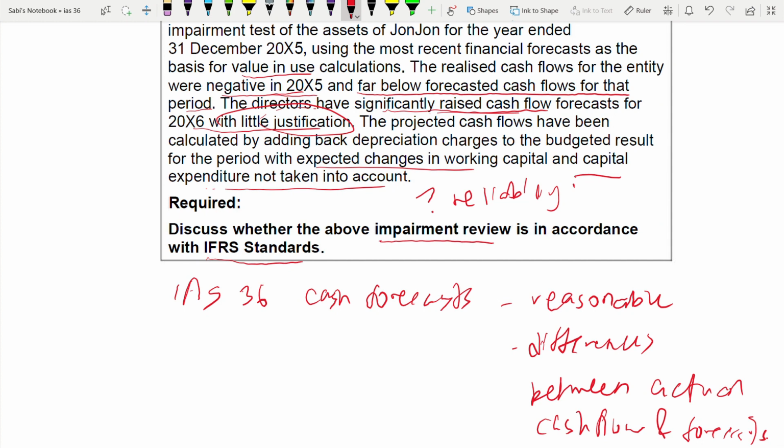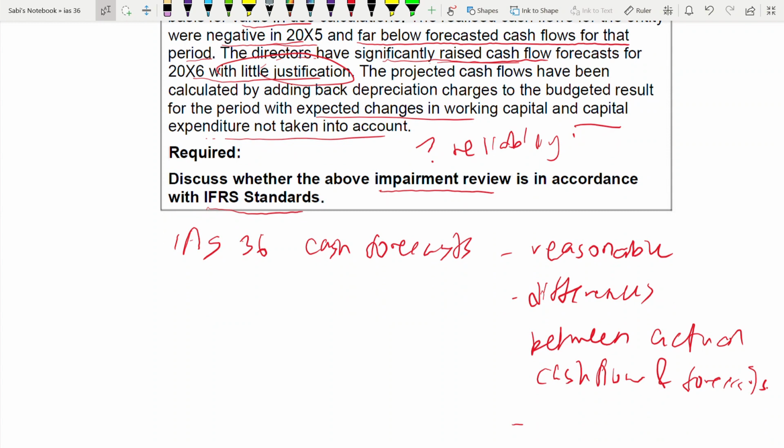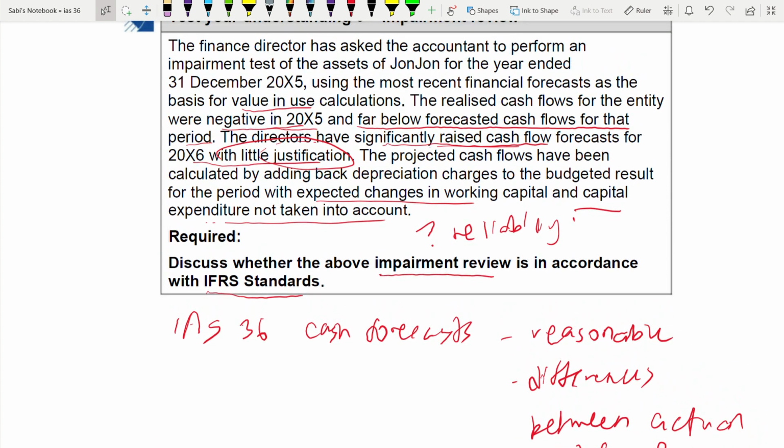In fact, IAS 36 says about cash flow, right? That any projections of cash inflow from the continuing use of the asset have to be included. When you're continuing with that asset, what is the cash inflow? Second, whatever cash outflows are incurred to generate that cash inflow from the continuing use of the asset.